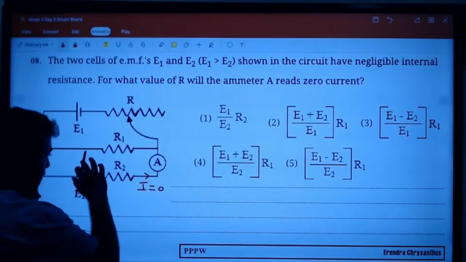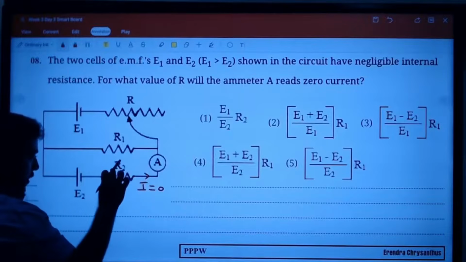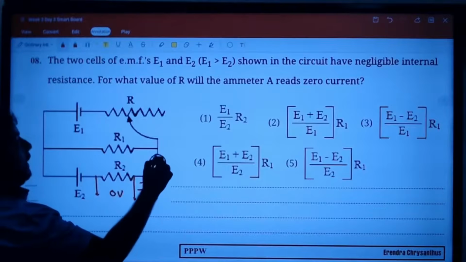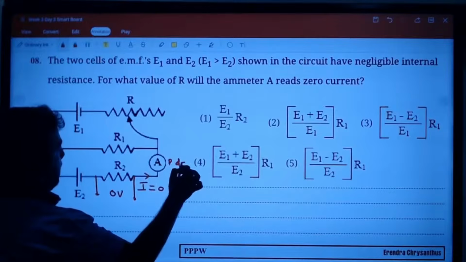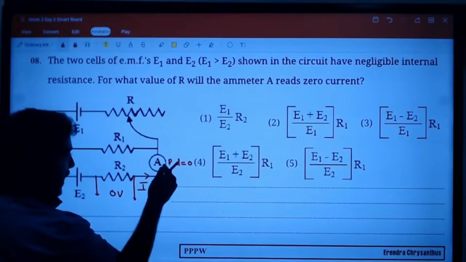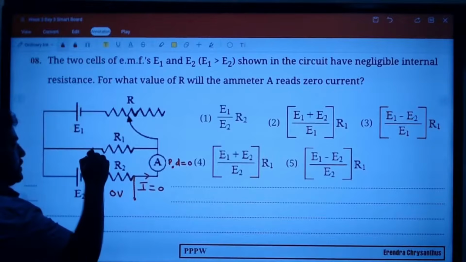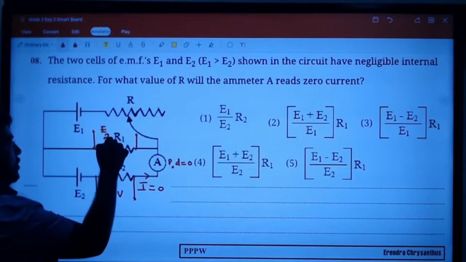So if I apply Kirchhoff's law for this loop, no current here means potential difference there is 0. Anyway, you have to consider it ideal. Ideal means potential difference is 0. Even if it was not ideal, also 0, no current. So this voltage will go directly across that.